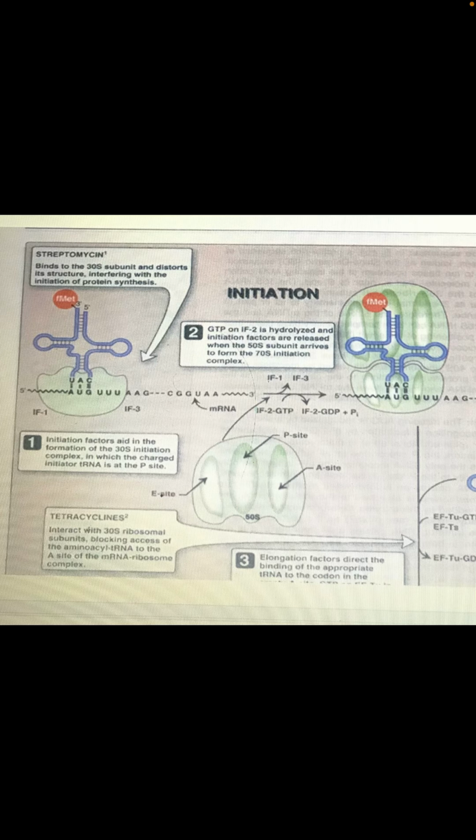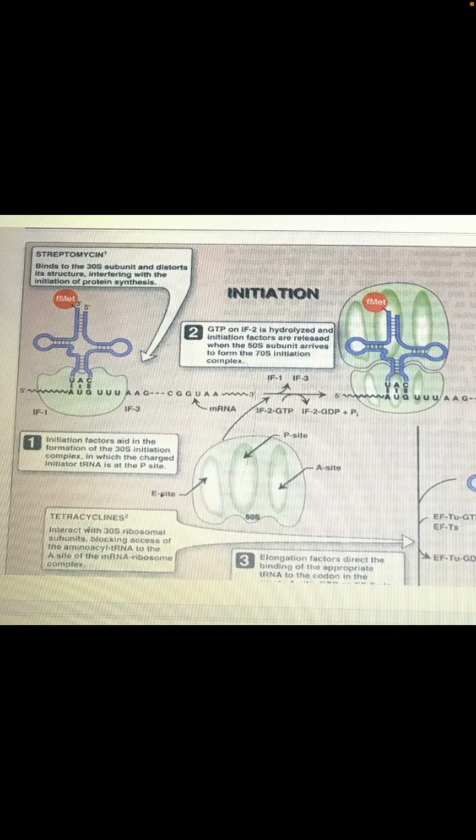inhibited. Then comes the second antibiotic drug, that is tetracycline. It interacts with the 30S ribosomal subunit, blocking access of the aminoacyl transfer RNA to the A site of the messenger RNA ribosome complex. So ultimately tetracycline also binds with the 30S subunit, specifically at the A site, inhibiting the aminoacyl transfer RNA binding.